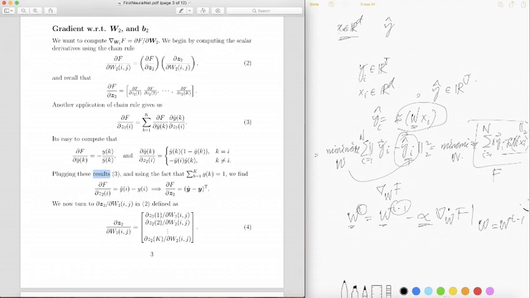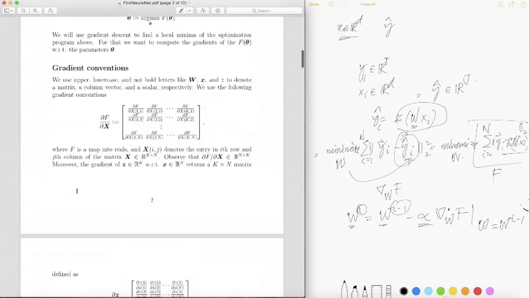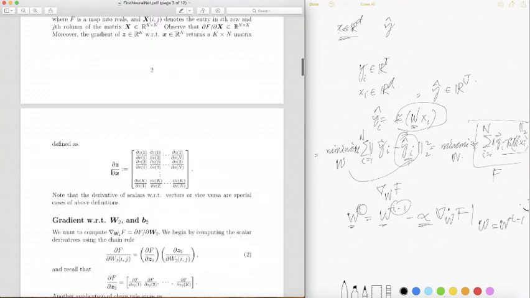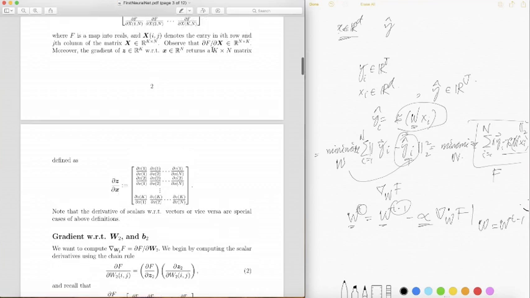Because I defined partial f over partial z2 in general this way. If you take the derivative of a vector with respect to another vector, the output matrix will be of the size of x multiplied by the size of z. So for example, over here x is length n, z is length k, so the output matrix has dimension n by k.